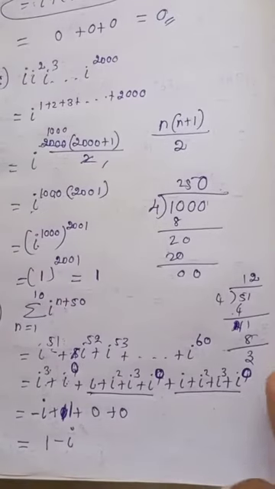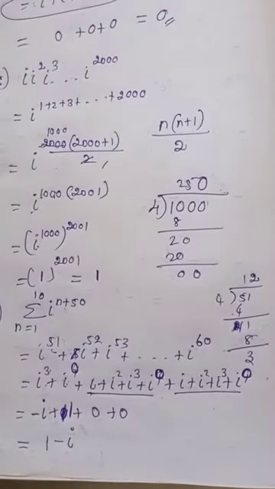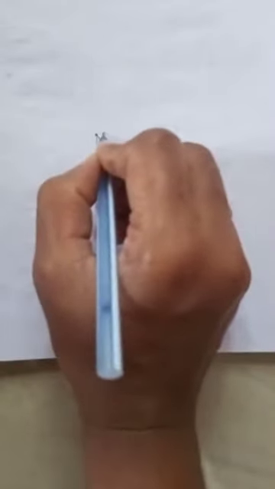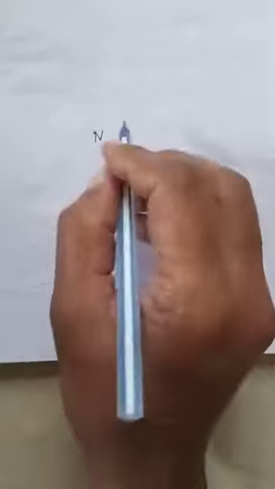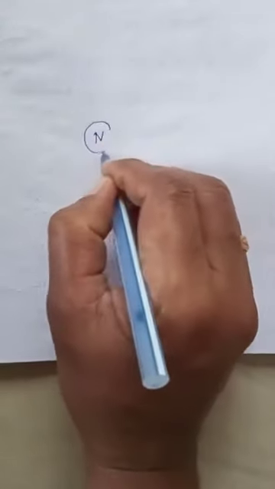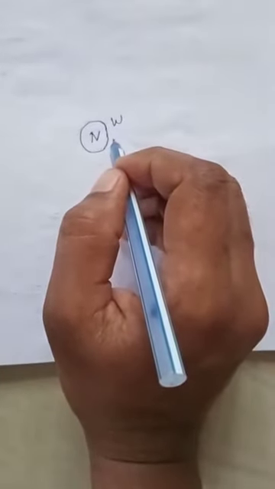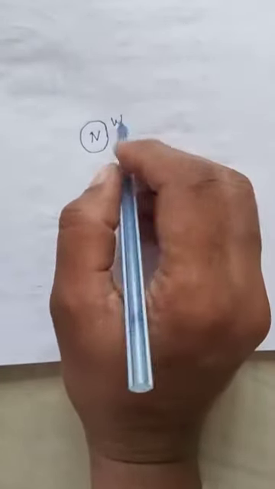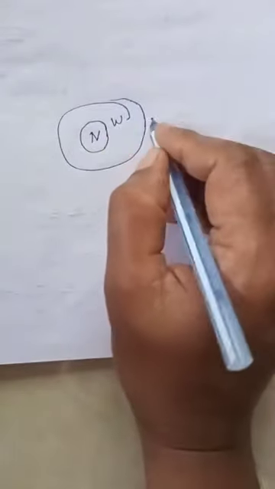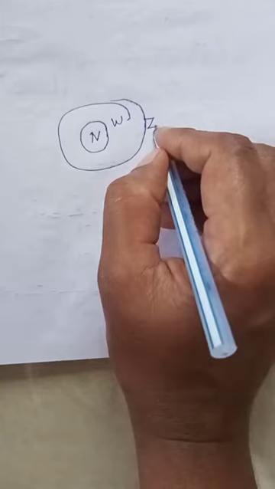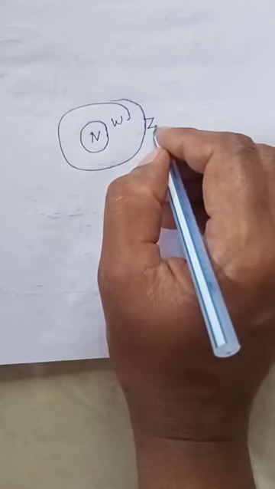Before completing, we will learn about the numbers. So first we have the natural numbers, that is 1, 2, 3, etc. The next will be whole numbers. 0 will also be included in that. The next will be integers, that is plus or minus 1, plus or minus 2, all those will be there. Then the next will be rational and irrational.